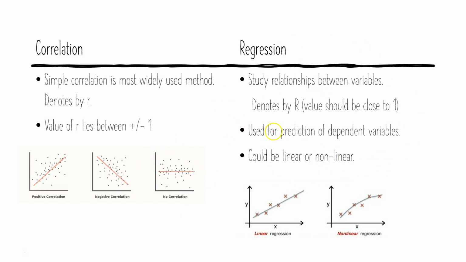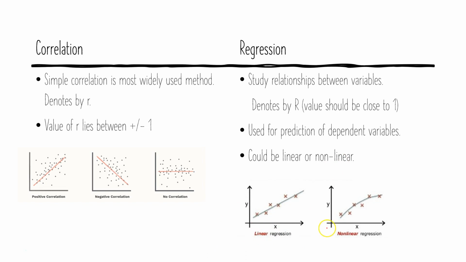Another example for this would be the regression, in which we are looking at the relationship between the two variables, and this is denoted by capital R instead of the lowercase r. If you want to see a regression effect between the two, the value should be close to 1. This is the case when we are looking at standard curves.